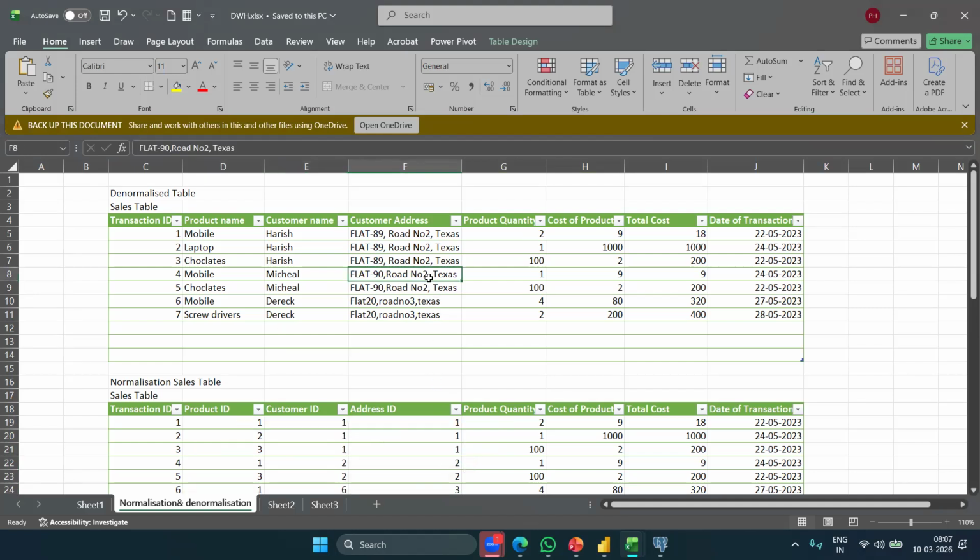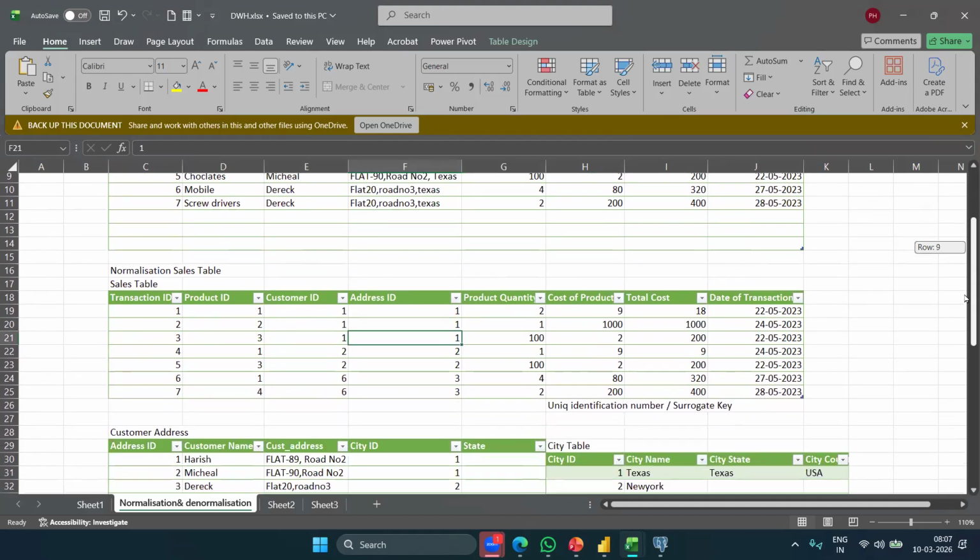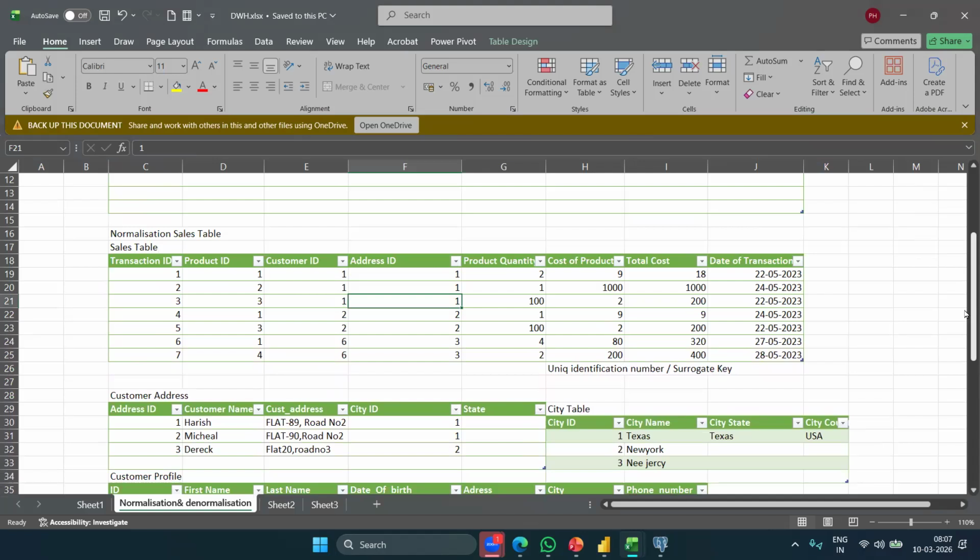An address may have 100 characters, but now I store a unique ID for this address, maybe 5 or 10 characters, especially if it's numeric, right? So normalization is about splitting our data into multiple tables.